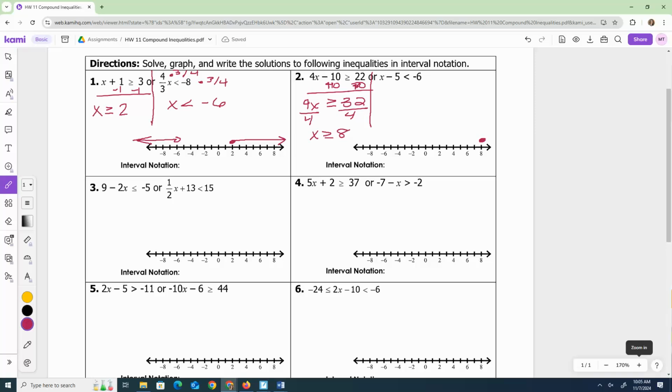Going to the right. Or this one, we get x is less than -1. So greater than or equal to 8 or less than -1. When you graph that, open or closed, and going to the, do we get number 2?